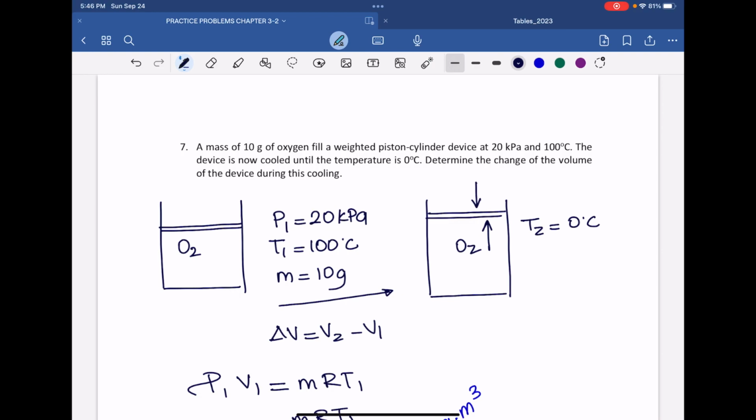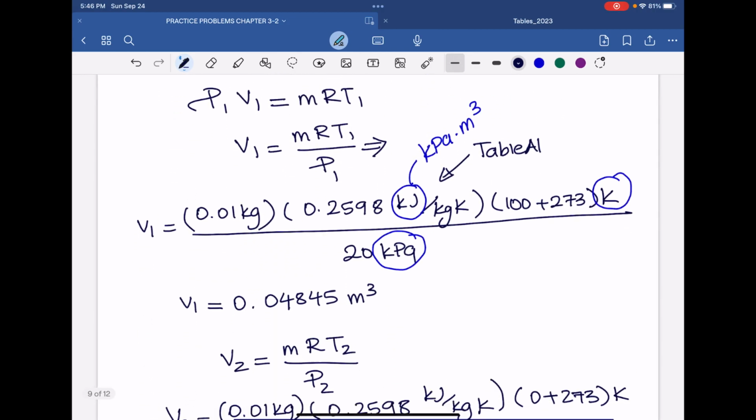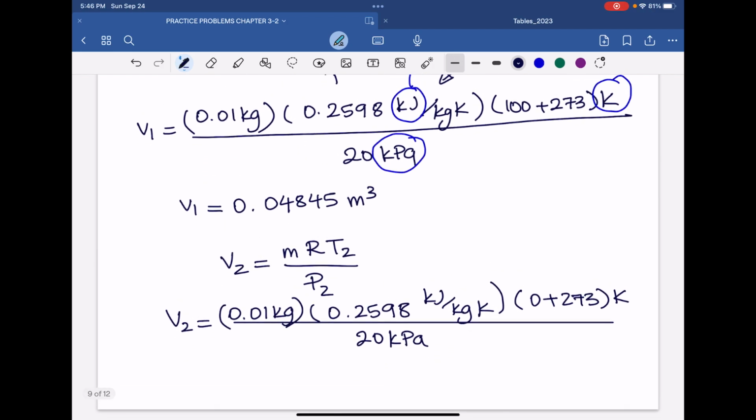And if the force acting on top of the piston is not changing, then it is okay to assume the pressure inside is not changing with a piston cylinder device. And many times the right thing to do is actually in the problem statement mention that the pressure will remain constant, or it's a constant pressure process. That would be a correct way of wording the problem statement. But it's not a wrong assumption that you can make, okay?